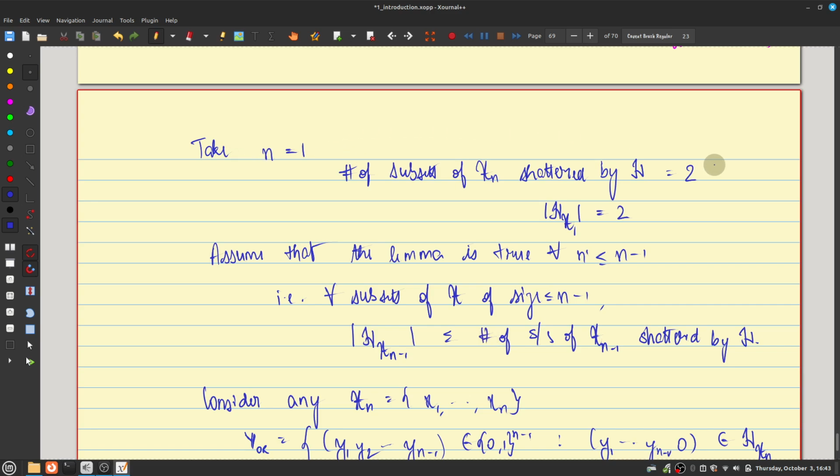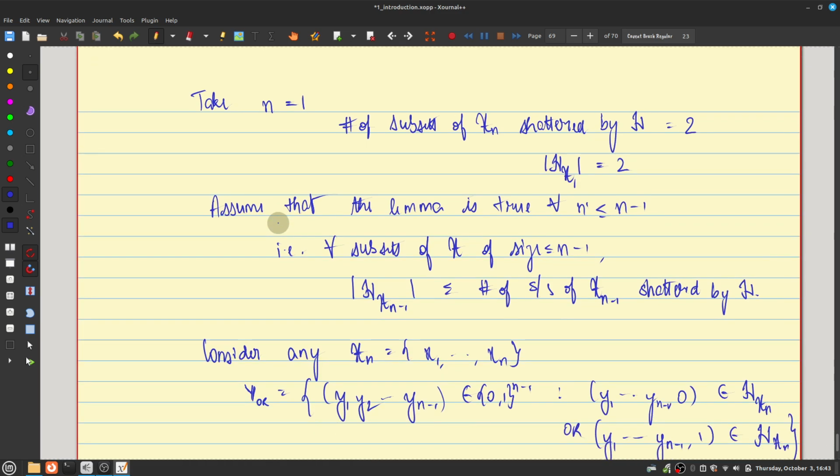Because for n equal to 1, this is true no matter what H and what xn is. Correct? So let's suppose that this is true for all H, for all sets of size n minus 1.